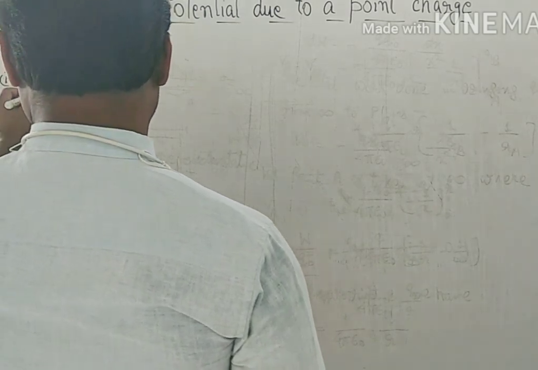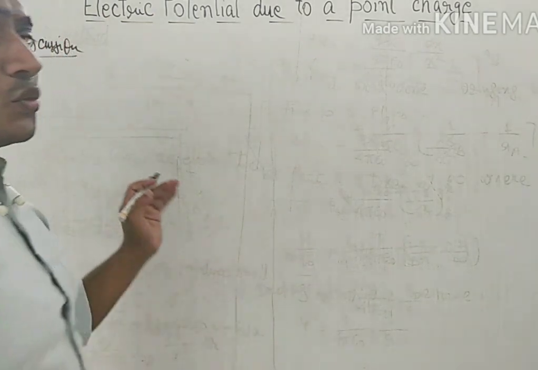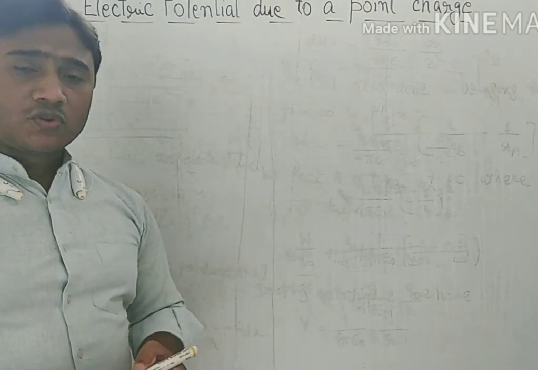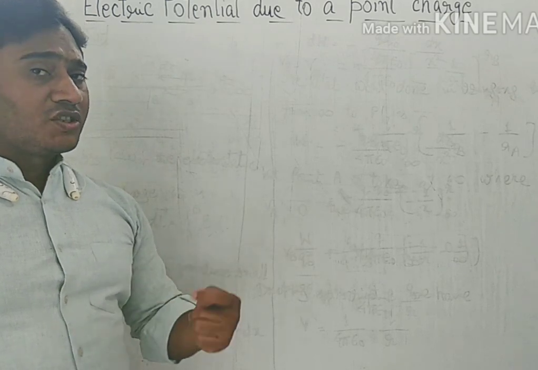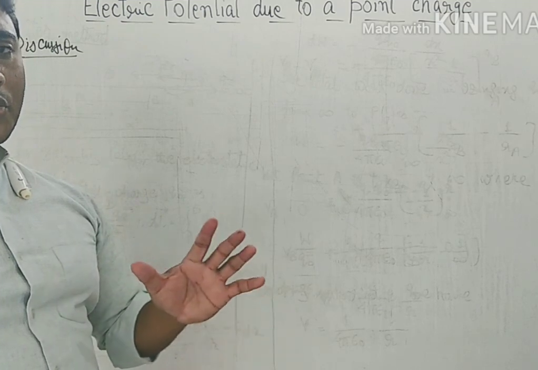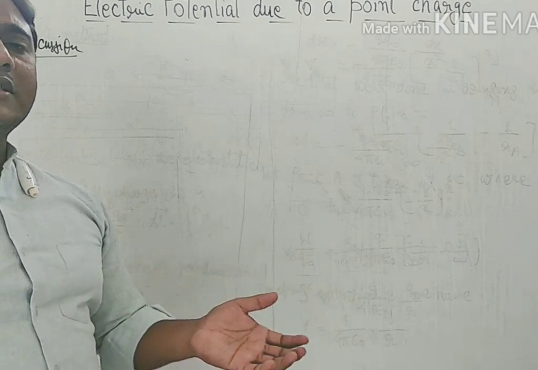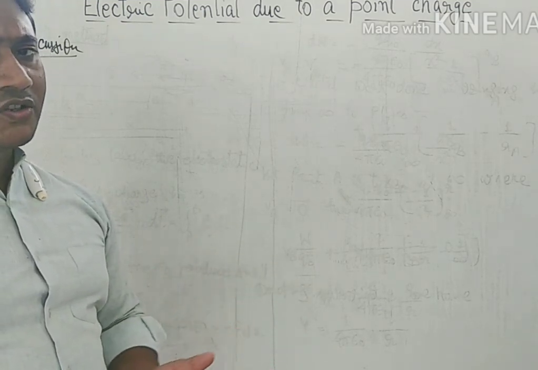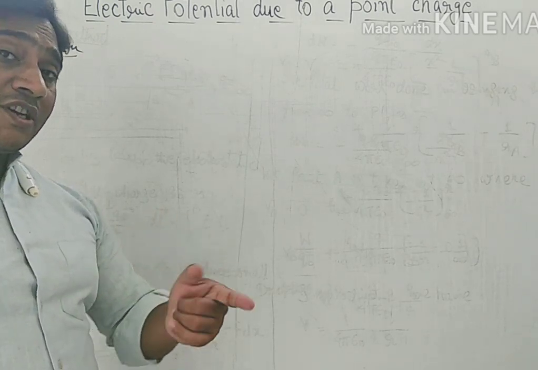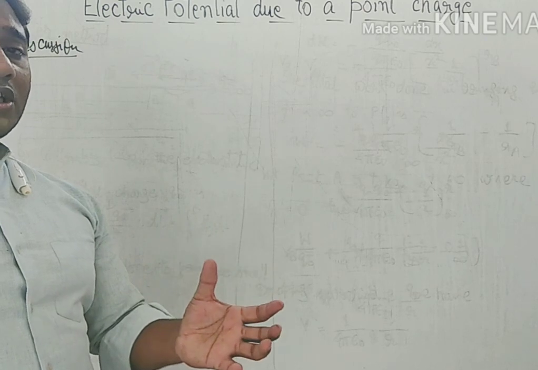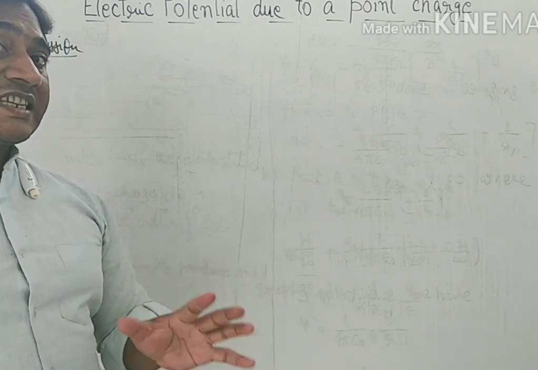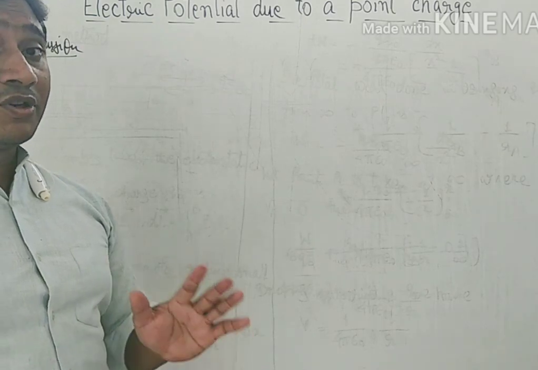For the first discussion point, we can see that if the source charge is positive, obviously the potential at a certain point due to that source charge is going to be positive, and if the source charge is negative, then obviously potential is going to be negative. Potential is positive as well as negative depending upon the type of source charge that we have. But still it is a scalar quantity, remember students.